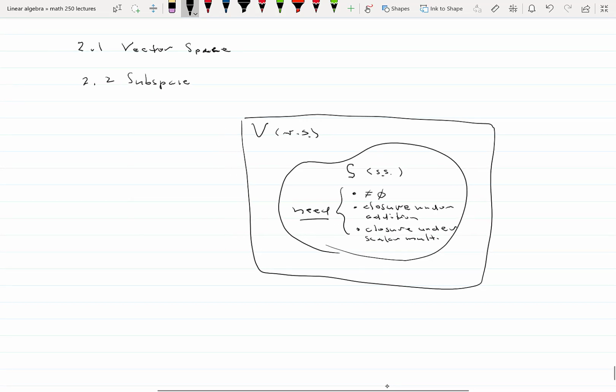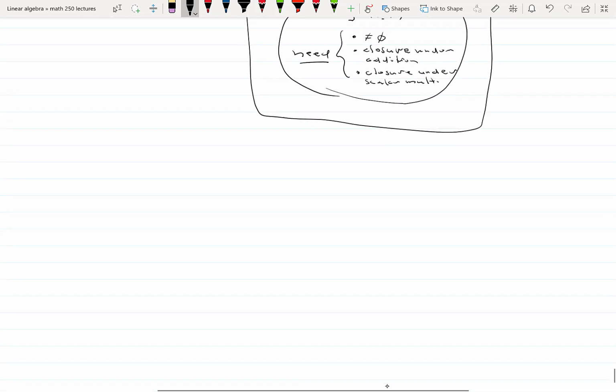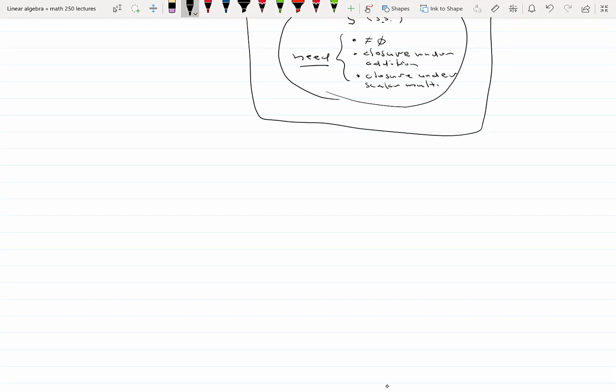In that same section 2.2, we also talked about linear combinations. Again, we're not talking about section 2.3 yet. This is just sort of a warm-up, a recap, if you will, of what we've done with vector spaces so far. Linear combinations are nothing more than objects like this.